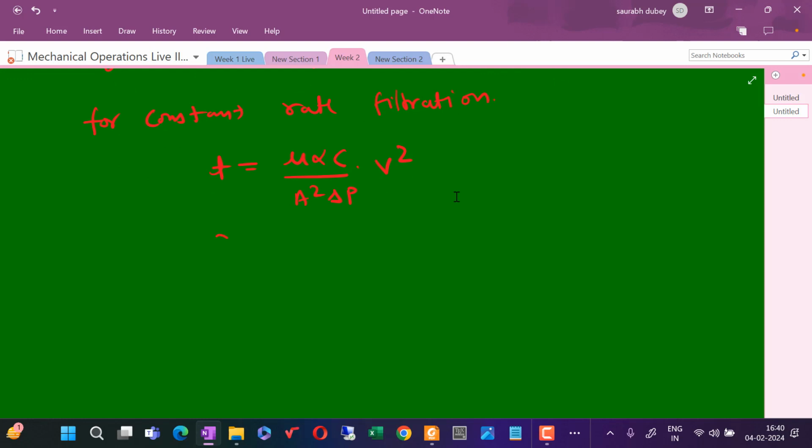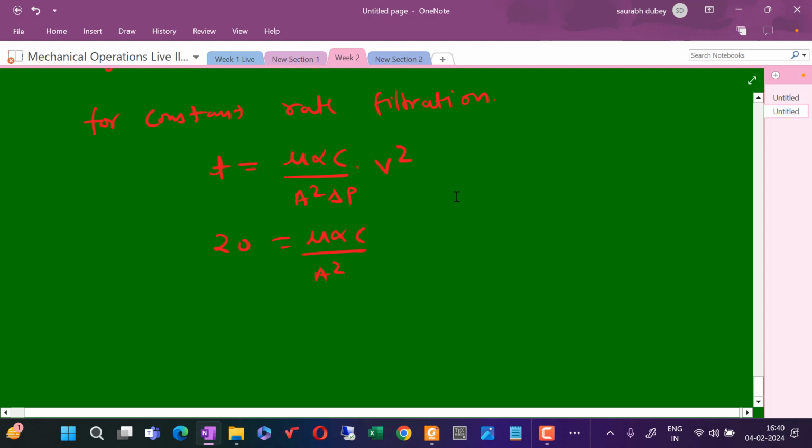It is said that the 20 minutes of constant rate filtration gave 5 meter cube of filtrate. So from here, mu alpha c by a square delta p is calculated to be 20 by 25.